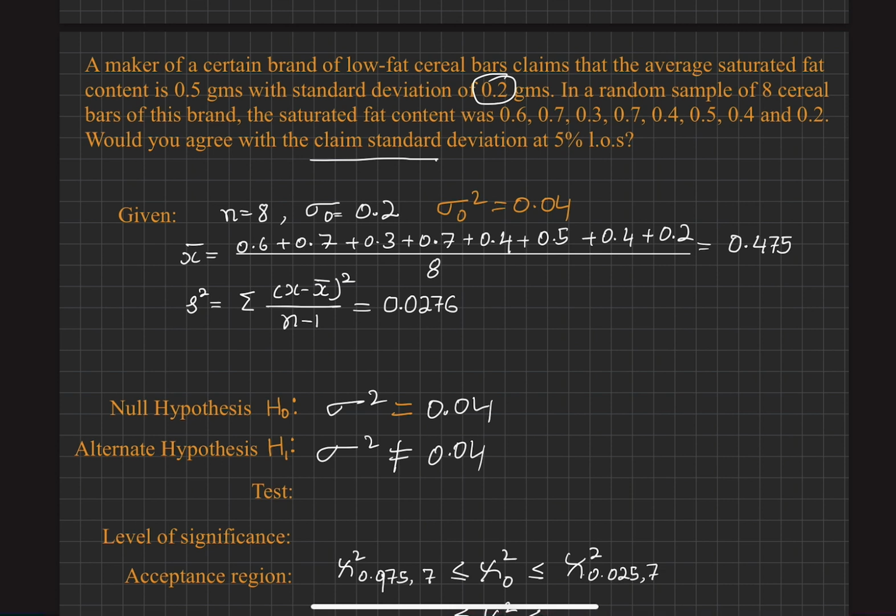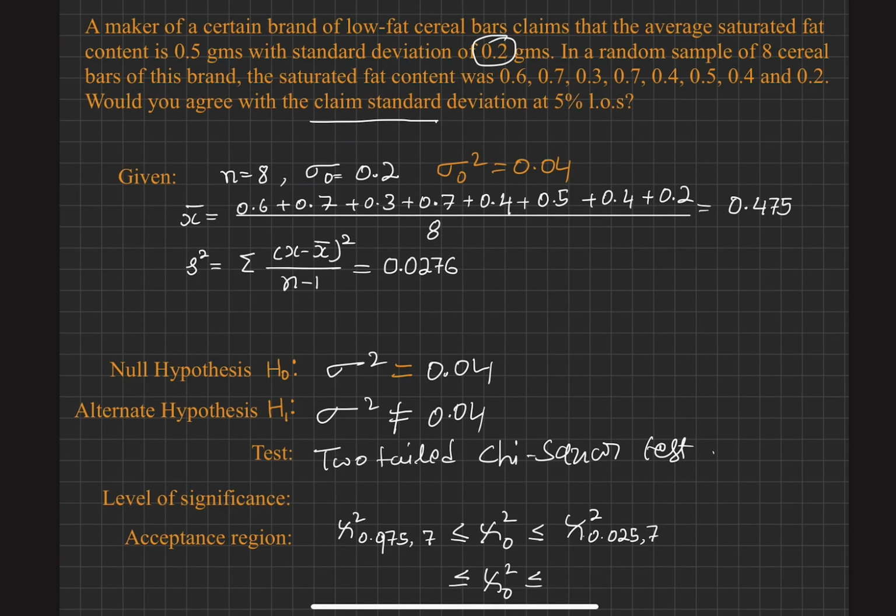So from this we can observe we are going to apply a two-tailed chi-square test. Also, it is given that level of significance alpha is 0.05, and let us observe the acceptance region.